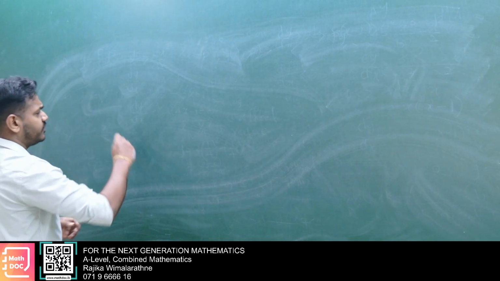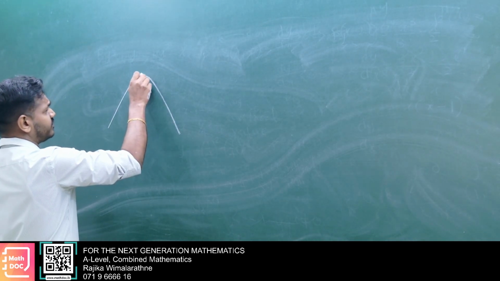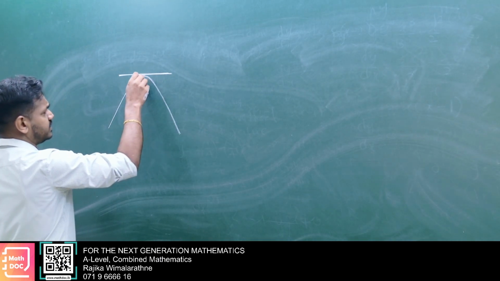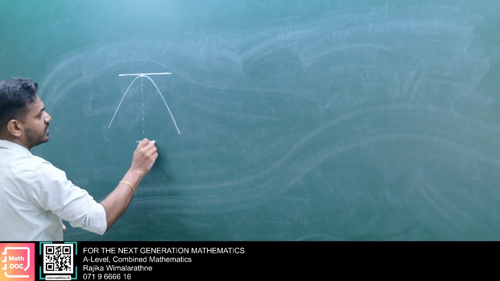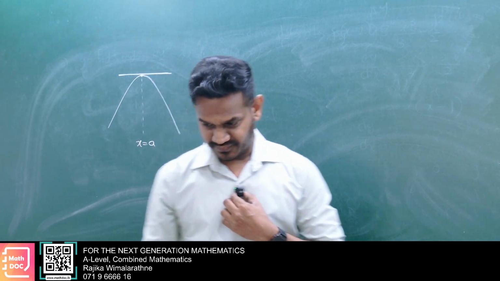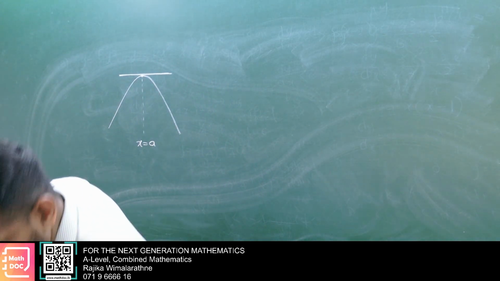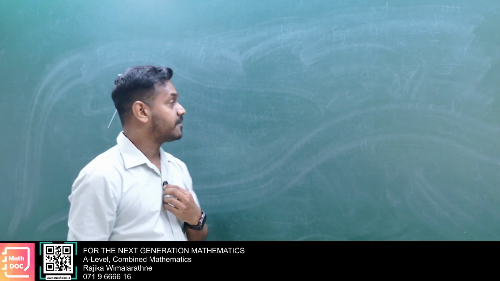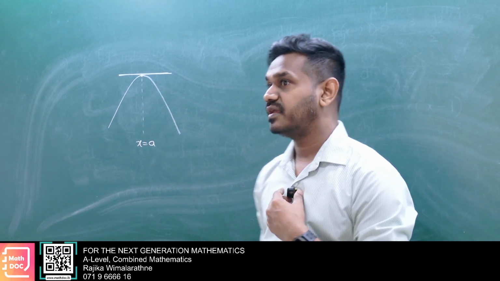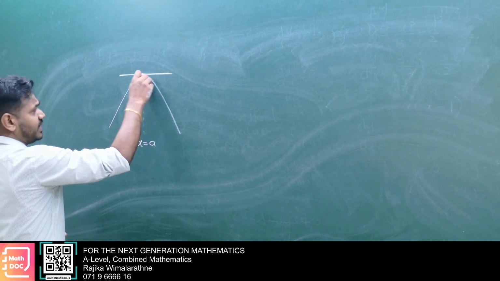We check first the local maximum. Here we get a tangent, at x equals a.